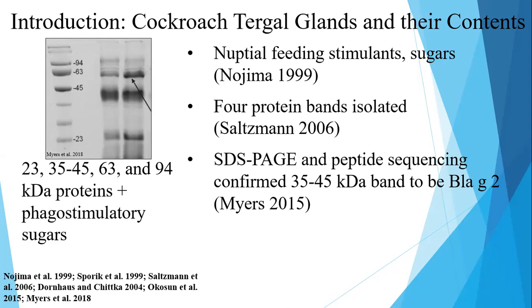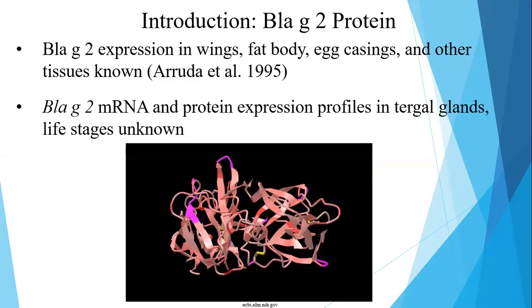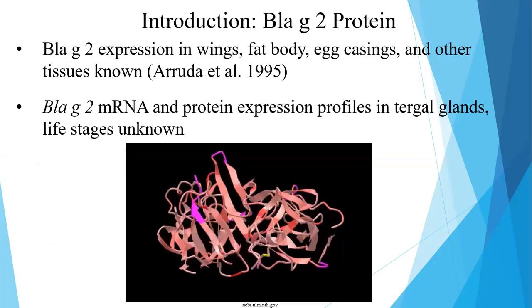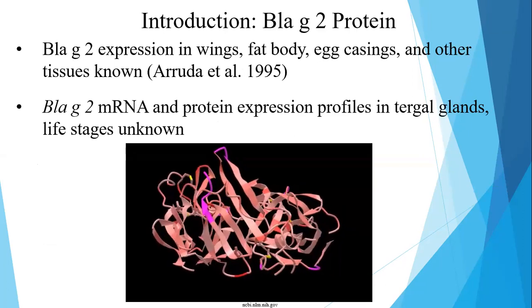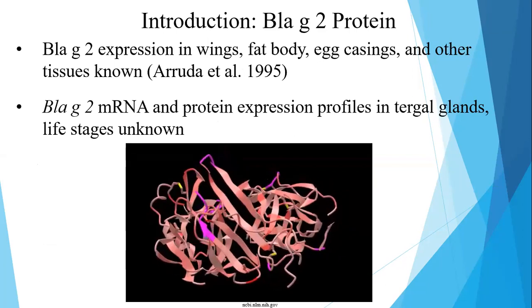So BLAGI2 is a 35 to 45 kDa protein. It formed this 35 to 45 kDa band when analysis of the tergal glands was done. What we know about BLAGI2 is that it is found in the wings, the fat body, the egg casings, and other tissues.